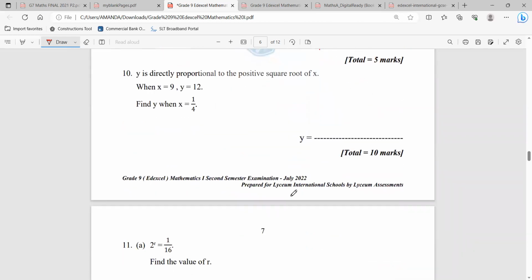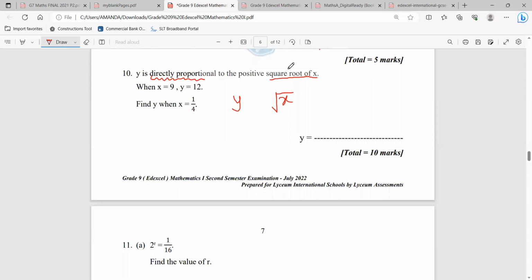Y is directly proportional to the positive square root of x. What is that? Directly proportional to the square root of x. We have y and square root of x.